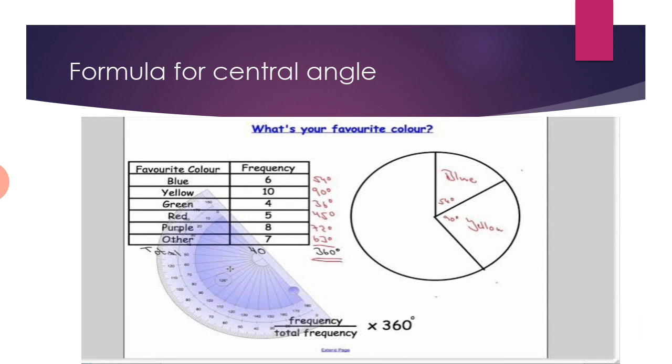And from there, using the protractor, can you see the protractor on the screen? That protractor is the device which you are going to use for the pie chart. You need a scale, protractor, and color pencils for your pie chart. Now using that protractor, draw a 54 degree acute angle. 54 is less than 90, so it is an acute angle, and cover up with the radius.